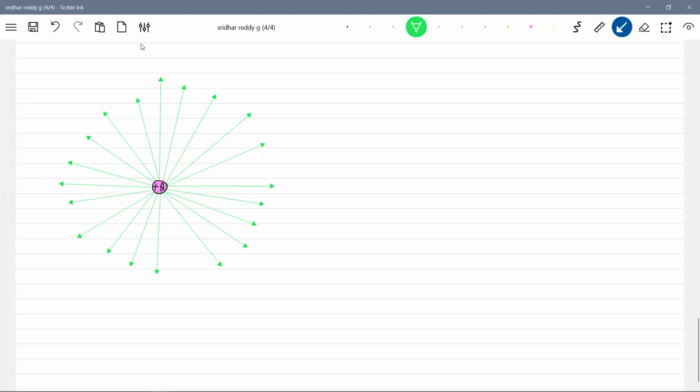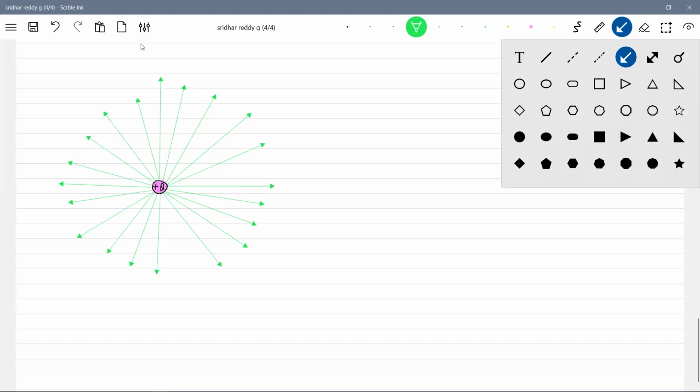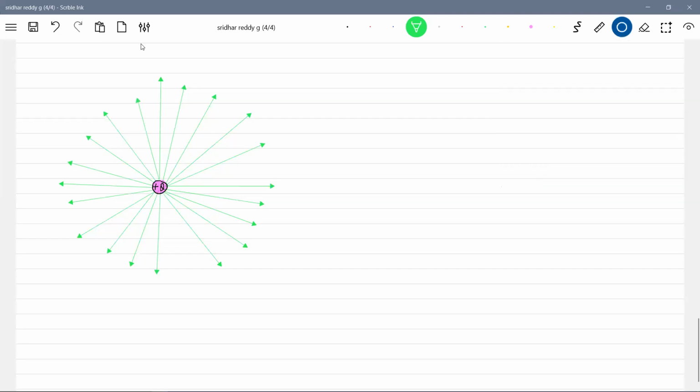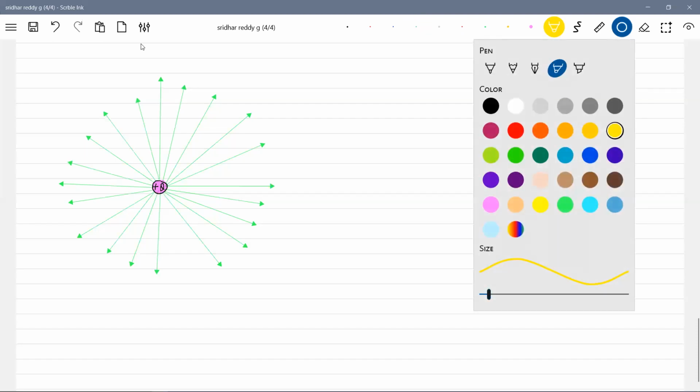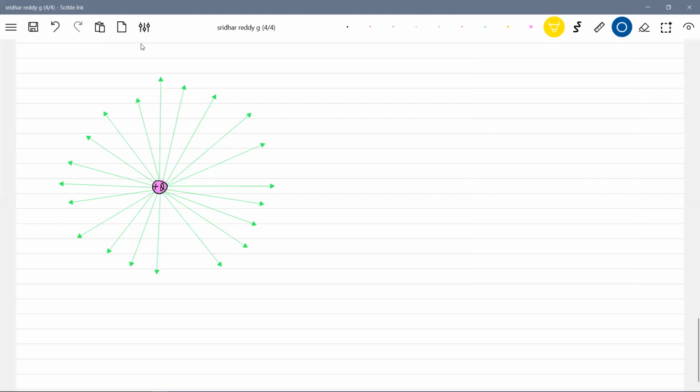Now what I do is I'm going to bring a Gaussian surface here.